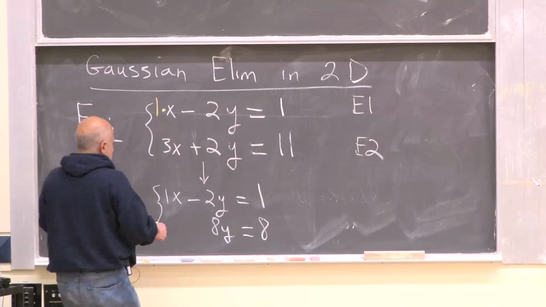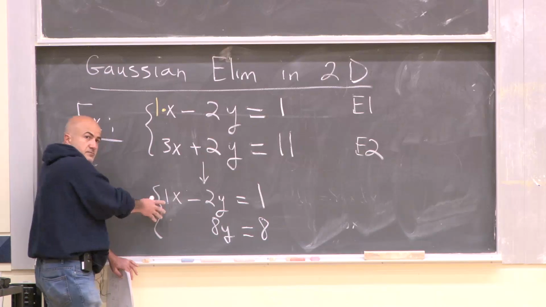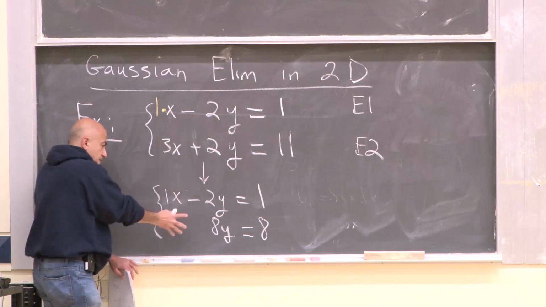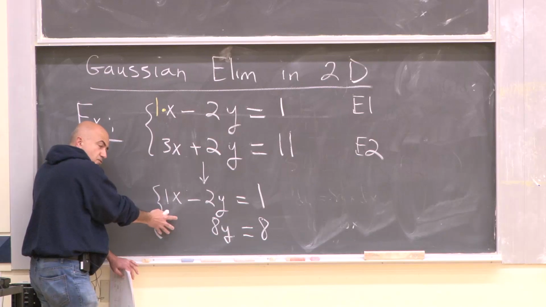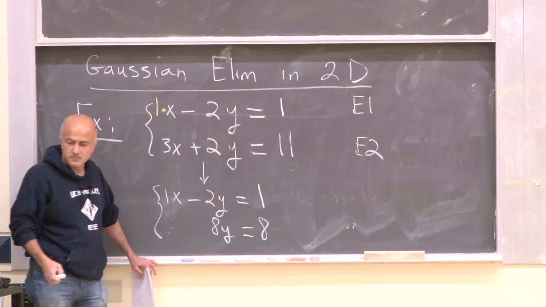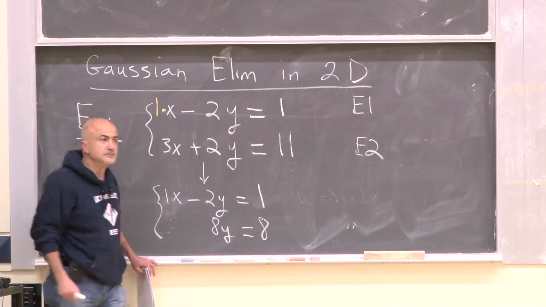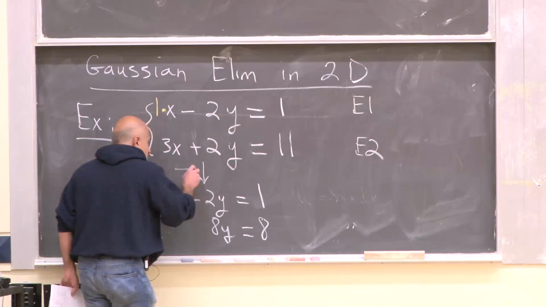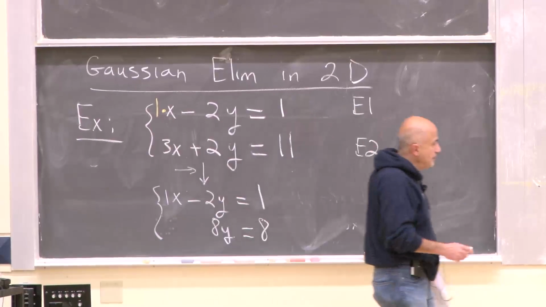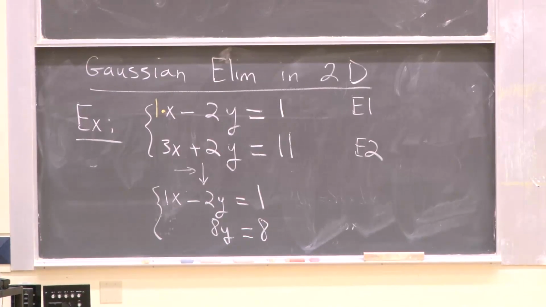Now, suppose we are here. By hook or by crook, somehow I've converted this set of equations into an equivalent set, which is this one. How would you solve for x and y? Talk to your neighbors. Don't worry about the process that took us from here to here yet. Tell me what you would do to solve for x and y.